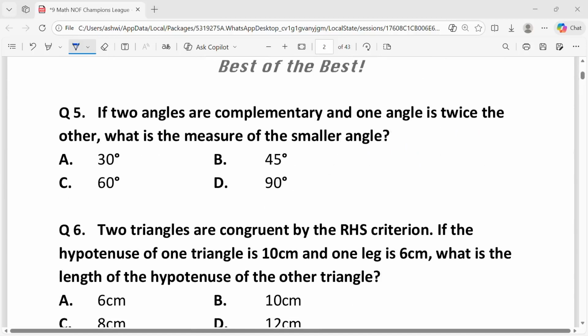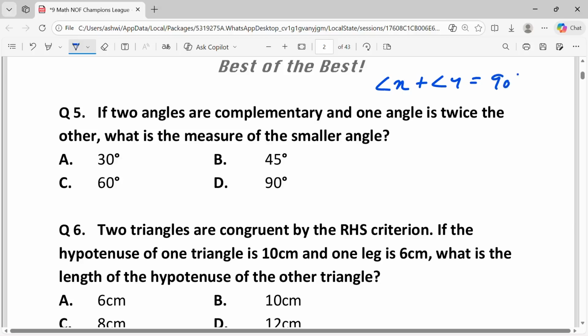Question 5. If two angles are complementary and one angle is twice the other, what is the measure of the smaller angle? Let the two complementary angles be angle X and angle Y. The complementary angles sum to 90 degrees. So angle X plus angle Y is equal to 90 degrees.